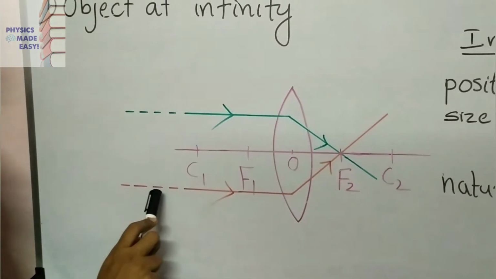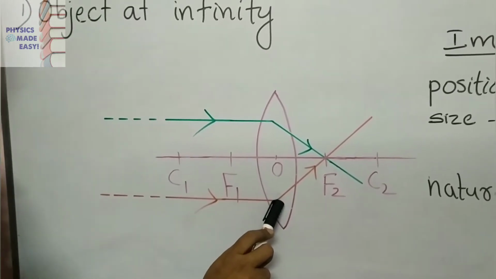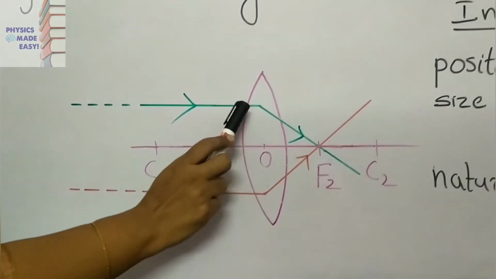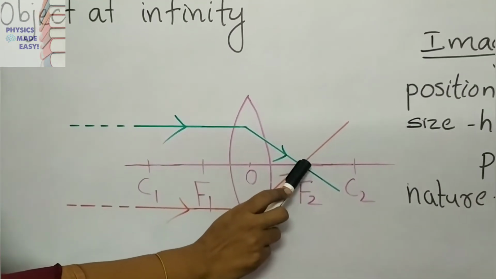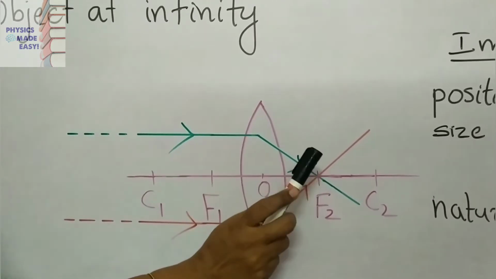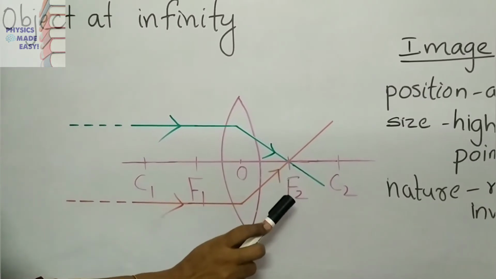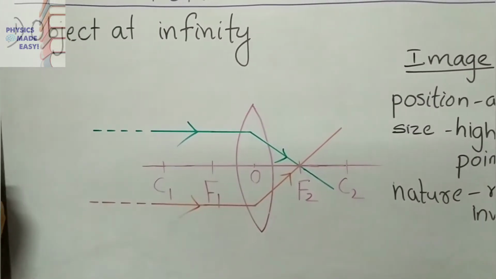Another ray that is also parallel to the principal axis, you can see that also passes through the principal focus after refraction. From this you can see that two rays are intersecting at a point on the principal axis, that is our principal focus, you know. So from this we can say this point is the image of that object at infinity.